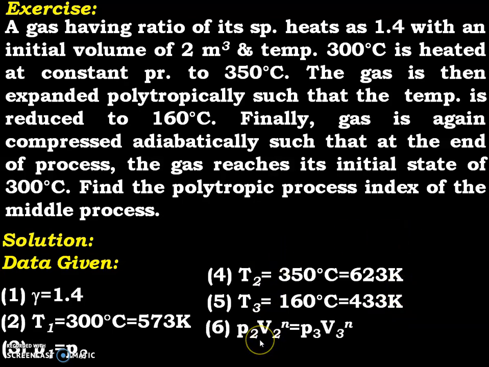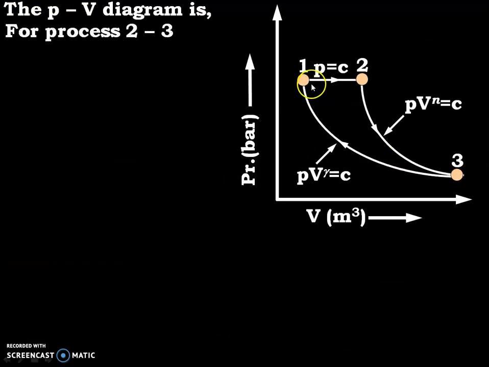The second process is polytropic, so P2V2 raised to n is equal to P3V3 raised to n. And the last process is adiabatic, so it is P3V3 raised to gamma is equal to P1V1 raised to gamma. Let us draw the diagram. So 1 to 2 is constant pressure, 2 to 3 is polytropic, and 3 to 1 is the adiabatic process. And we are required to calculate the n.